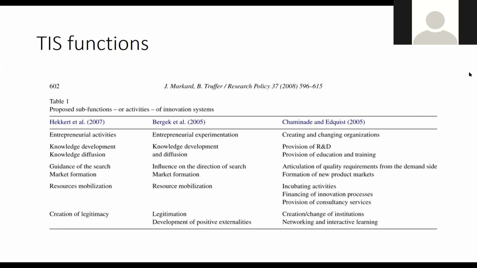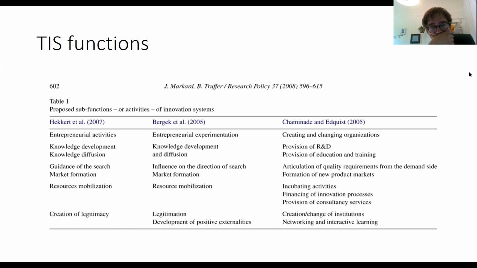At least partly, this development is motivated by the ambition of providing sound policy advice. There are simply limits to how elaborate policy advice one can provide based on an analysis of the structural components of an innovation system. Focusing on TIS functions also opens up for analyzing not just how the structure of the innovation system develops over time, but also how the ability to deliver these functions changes.